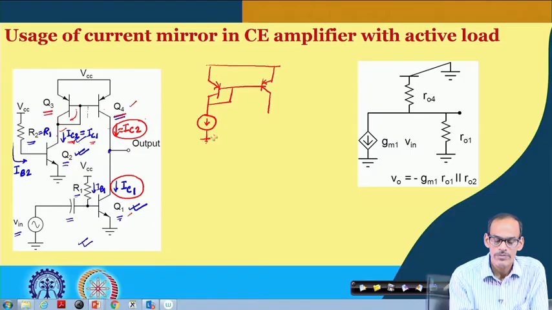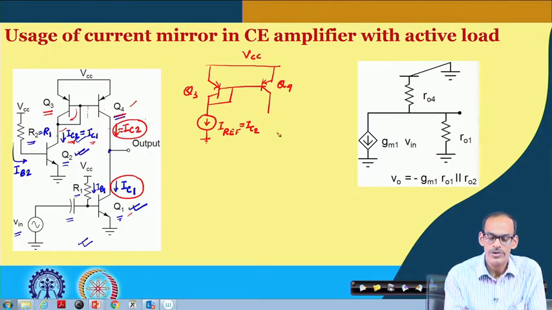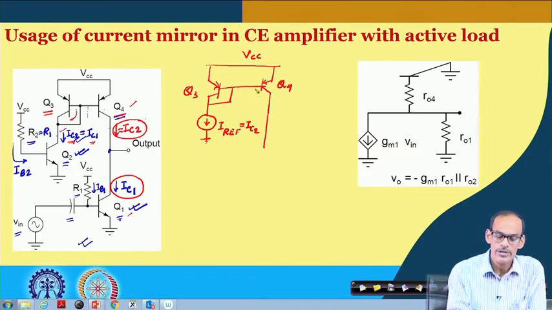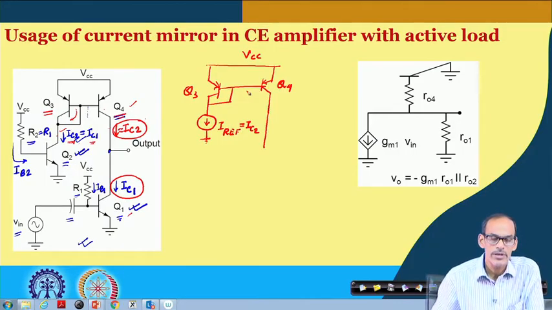In this case, I reference is equal to IC of transistor 2. So, Q3 and Q4 are together connected to the supply voltage, and we have a current mirror getting formed. This current mirror is very similar to the NPN transistor based current mirror.